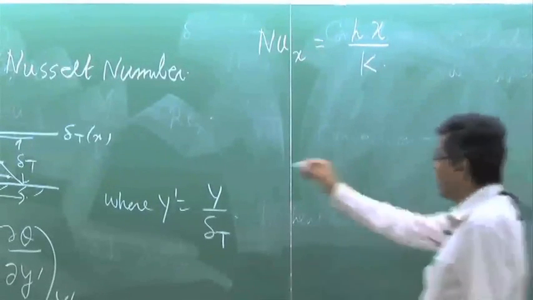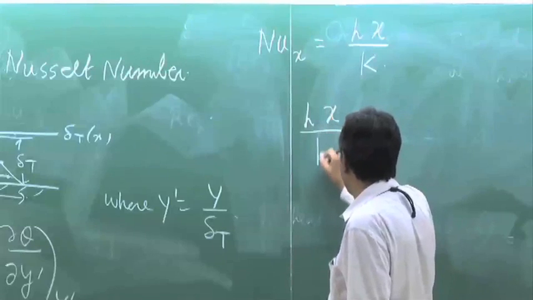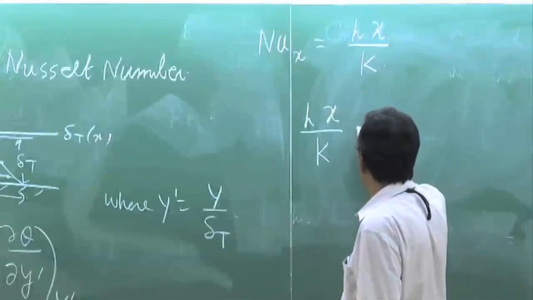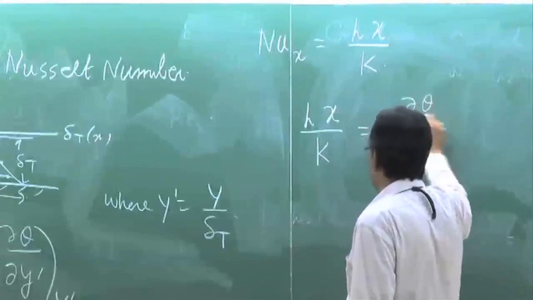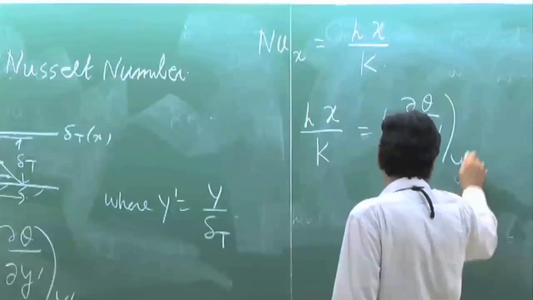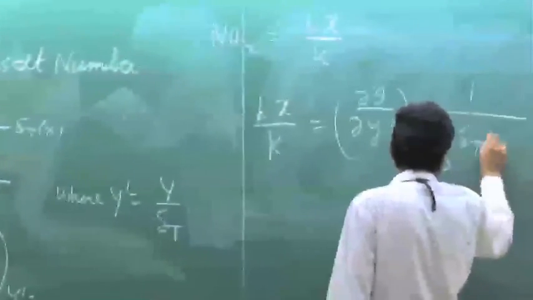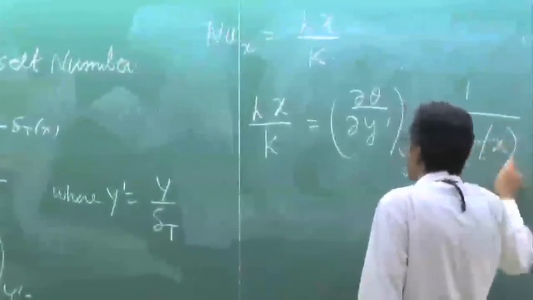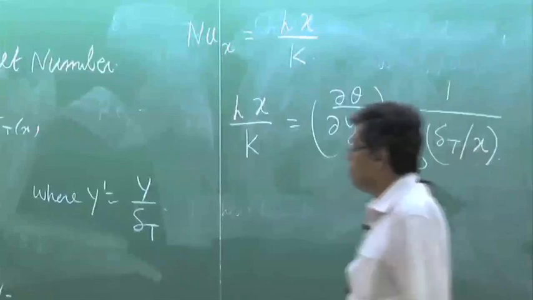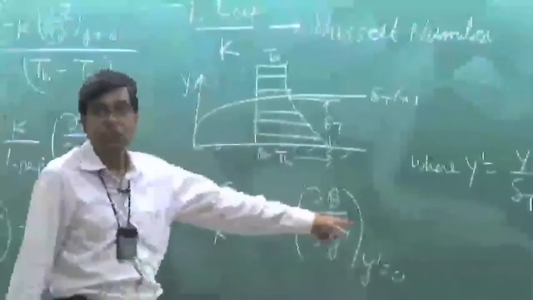So therefore if I rearrange it, then h x by K is equal to del theta del y dash at y dash equal to 0 into 1 by delta T by x, because I multiply with x by delta T, which goes this side.